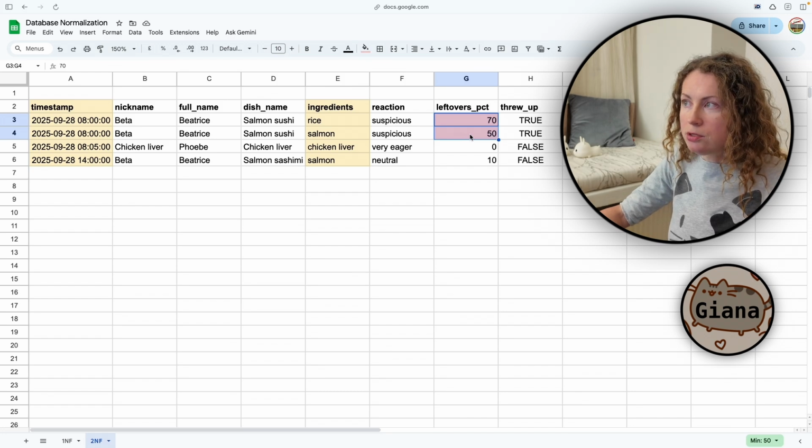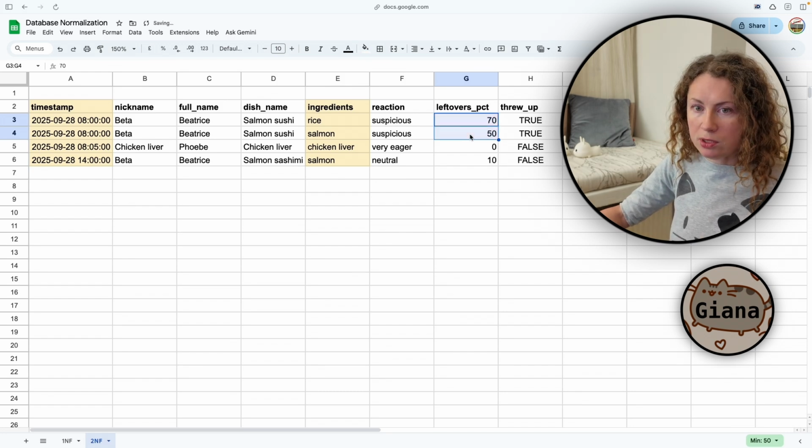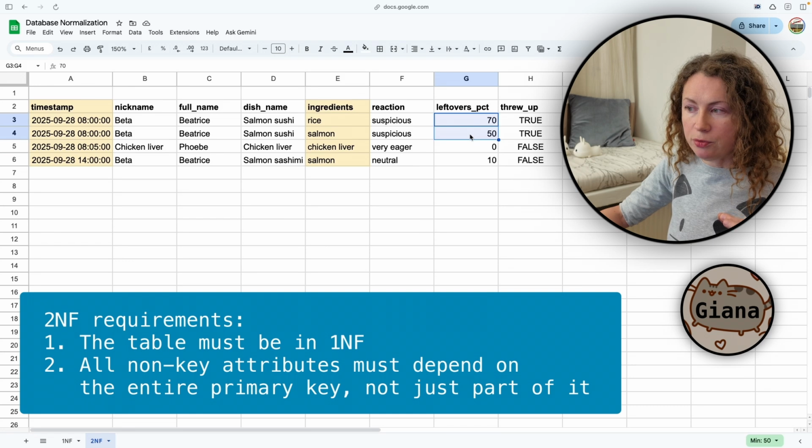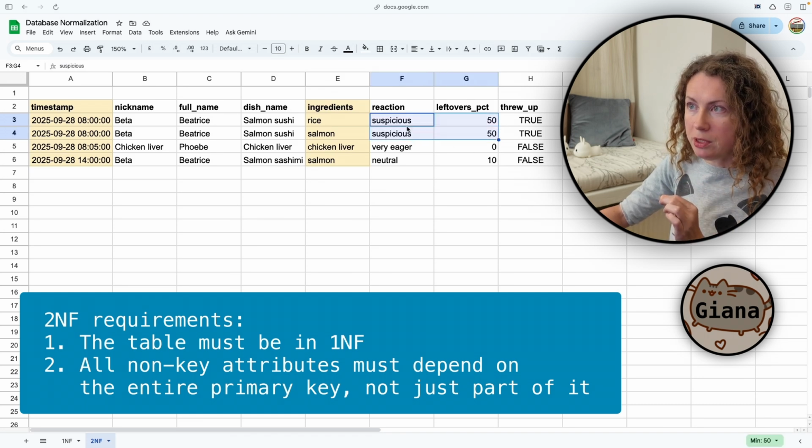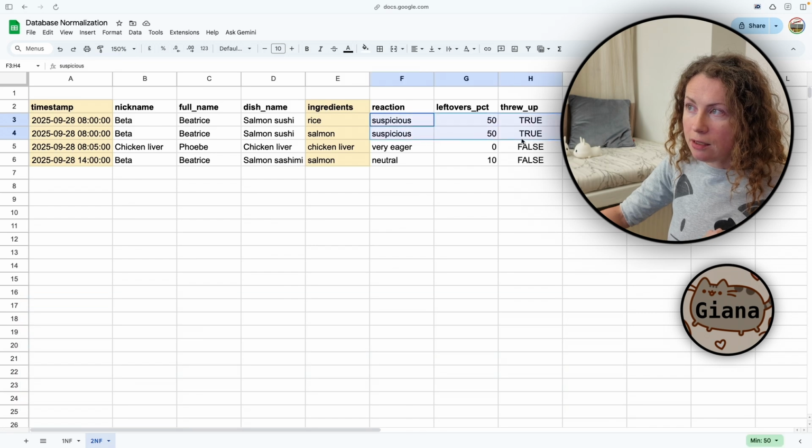Right, so let's look at that requirement once again. All non-key attributes must depend on the entire primary key, not just part of it. This speaks of full dependency versus partial, and here's what it means. So let's say we take this outcome that was recorded, and we know that it is about the whole feeding event.